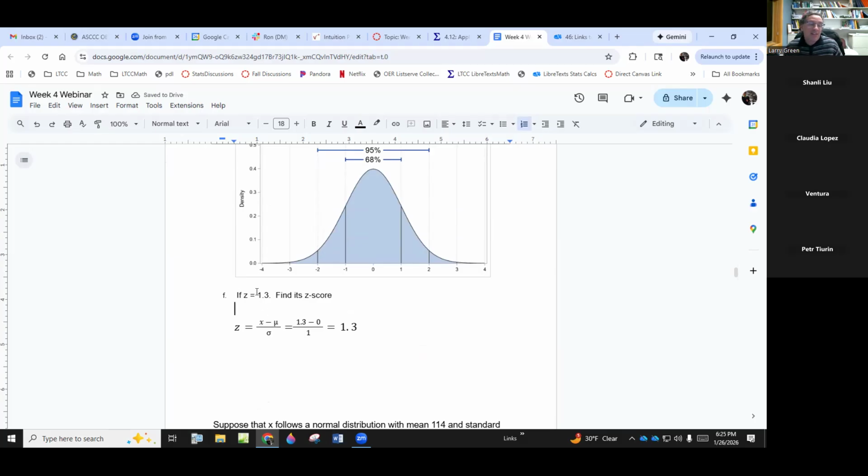Okay, our x in this case is our z, 1.3, minus 0 divided by 1. And 1.3 minus 0, I hope you can do that without a calculator. That's 1.3. And then 1.3 divided by 1, I hope you can do that without a calculator also. It's 1.3. So the reason we actually use the letter z for the standard normal distribution is it is its own z-score. Any questions on that?